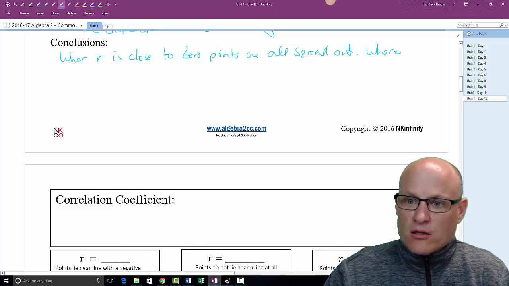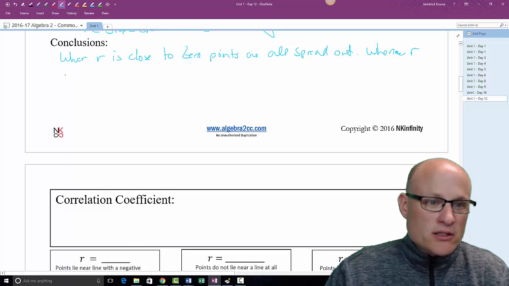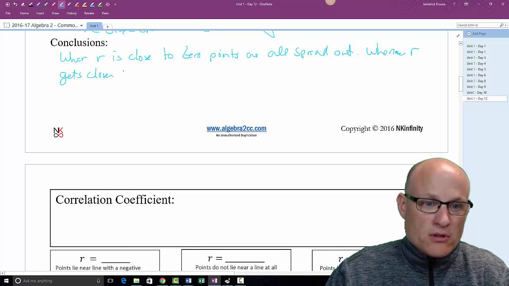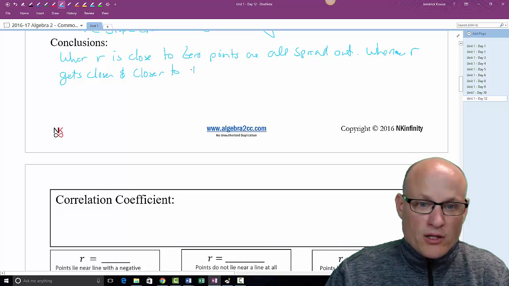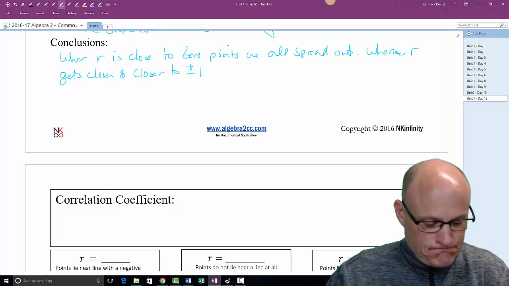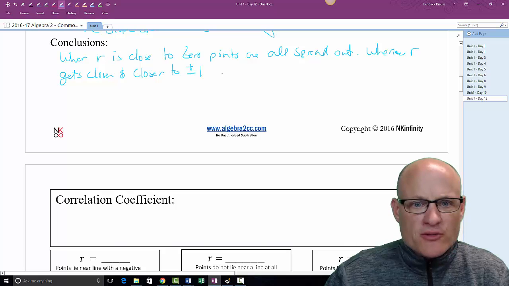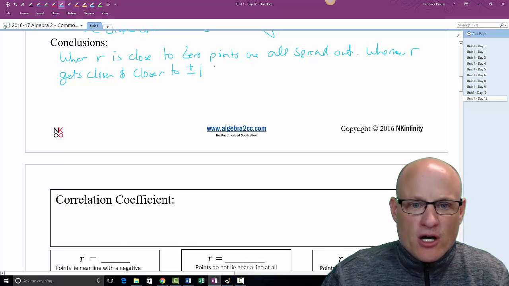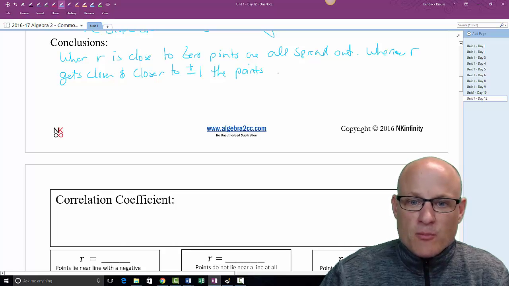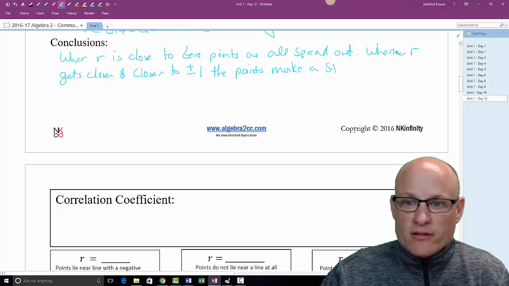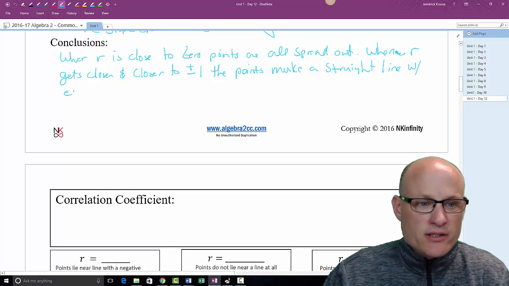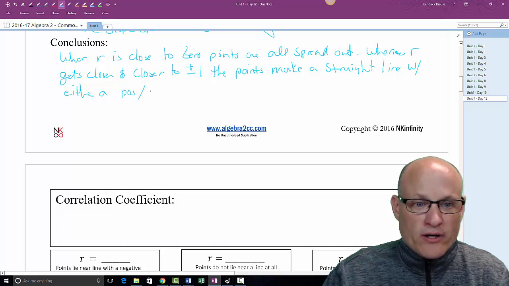When R gets closer and closer to plus or minus 1, the points make a straight line with either a positive or negative slope. And I'll talk about that in a second.